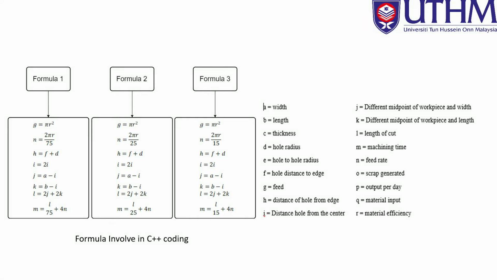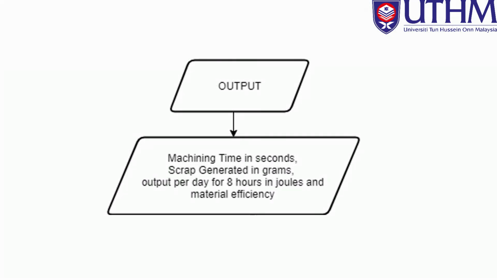Next, here is the formula involved in the C++ coding that will be used in Dev C++ programming, and the parameters of the formula are listed on the right. And here is the output produced in the flowchart, which is machining time in seconds, scrap generated in grams, output per day for 8 hours in joules, and material efficiency.